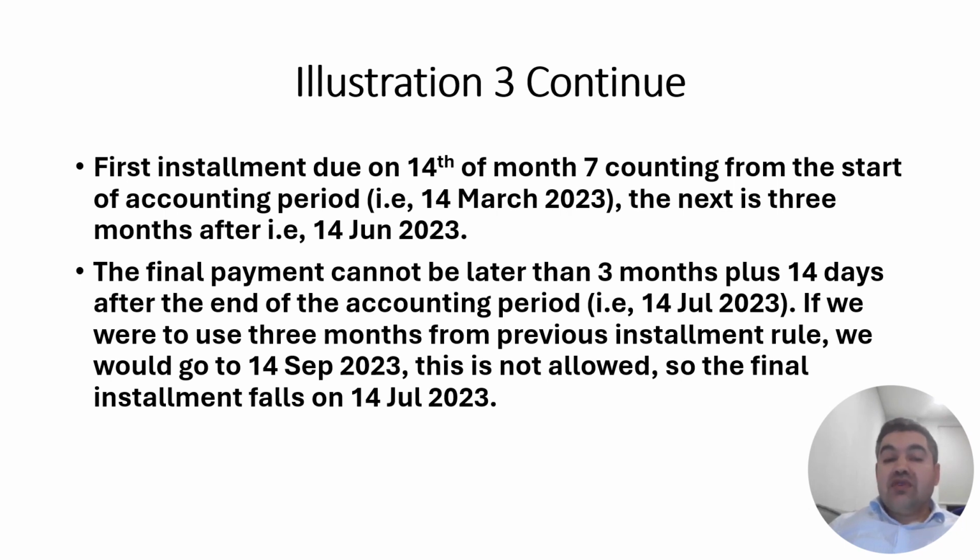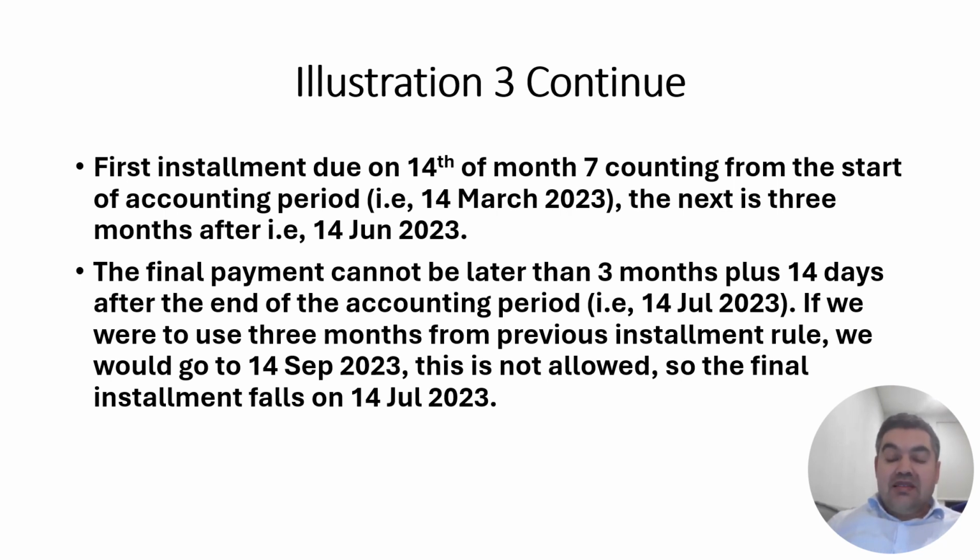So the first installment is due on the 14th of month 7, counting from the start of the accounting period. The next one will be 3 months after. However, the final one cannot be later than 14th of July, because the accounting period ended on 31st of March.